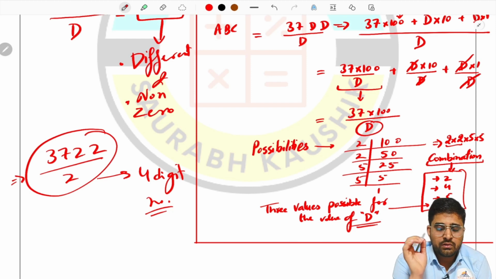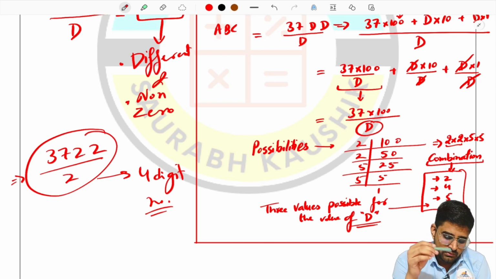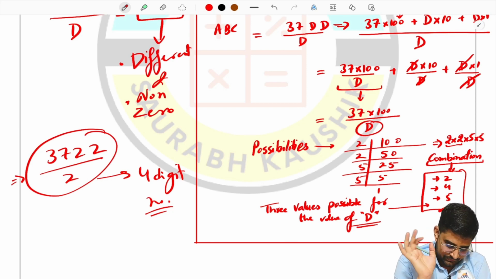Don't fight with the number, don't be blank, use the application part of your mind, it will save your time. Here I have to give you a track how to solve this question. That's why it takes some time, otherwise it will not take your time if you have conceptual clarity.